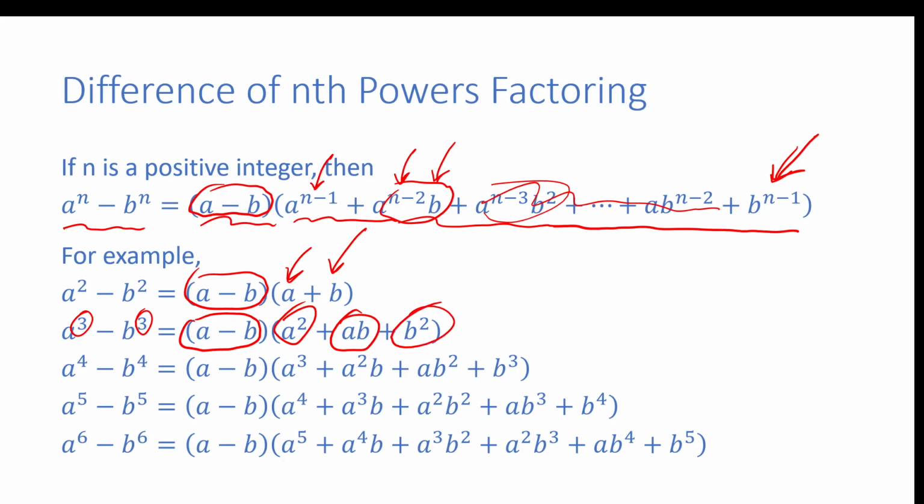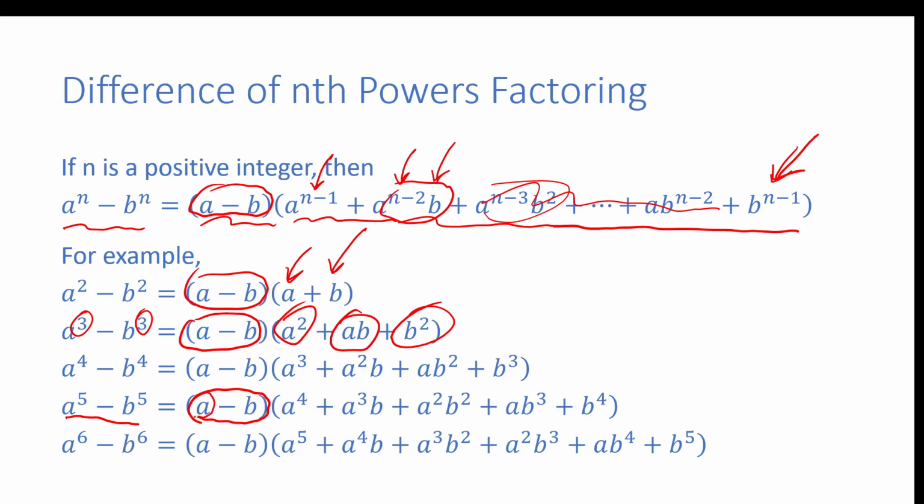So if we were to follow this thinking all the way through, if we had a to the 5 minus b to the 5, we could simply say we start with an a minus b because we have a difference of nth powers. Both of the powers there are to the same exponent, and it's a positive integer. So we have a minus b. And then our second factor, we're going to have a to the 4.